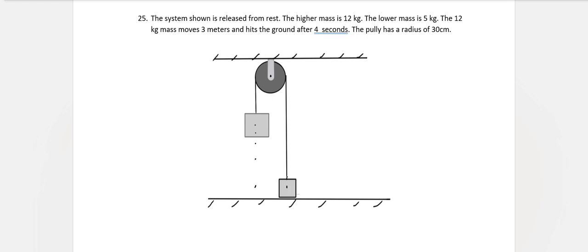This animal is going to start accelerating up. The pulley is going to have an angular acceleration. So this one is another problem that is just screaming work energy methods, right? So let me give these names. Let's call this one A, this one B, and this one P for pulley.